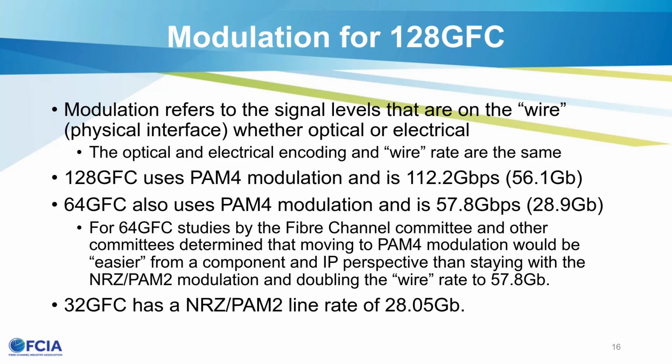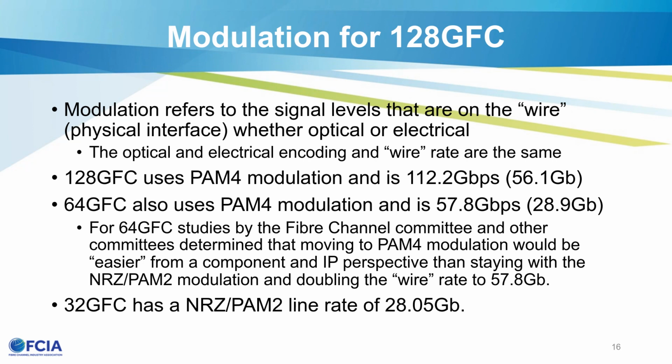Yeah, I can. So good question. 28.05, which is the NRZ, that was an exact doubling of the 14.025. And a distinction here, the 16 GFC rate, that had a much simpler FEC. It had a Fire code FEC that in a lot of cases wasn't even needed optically. It was used electrically.